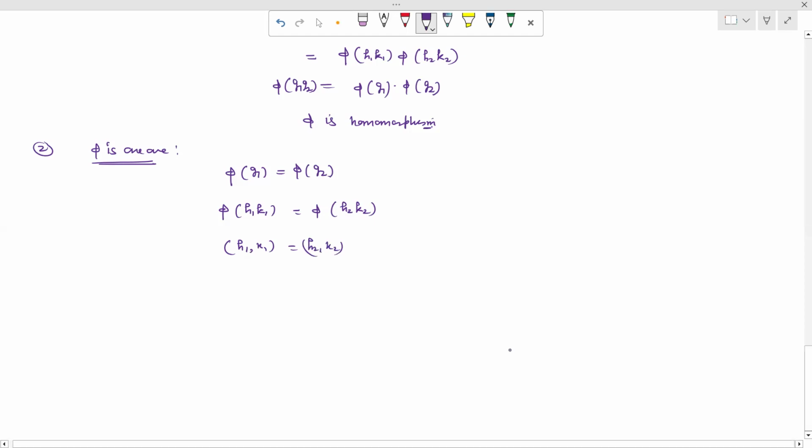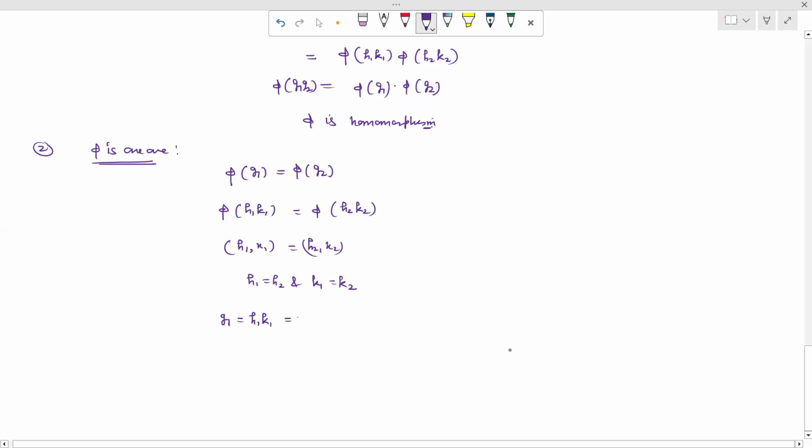So here we can say that when two ordered pairs are equal, it means H1 is equal to H2 and K1 is equal to K2. Now G1 will be equal to H1 K1, so these two are equal.